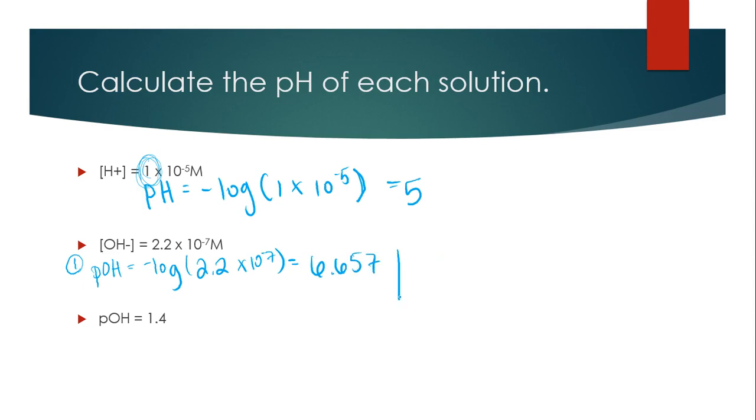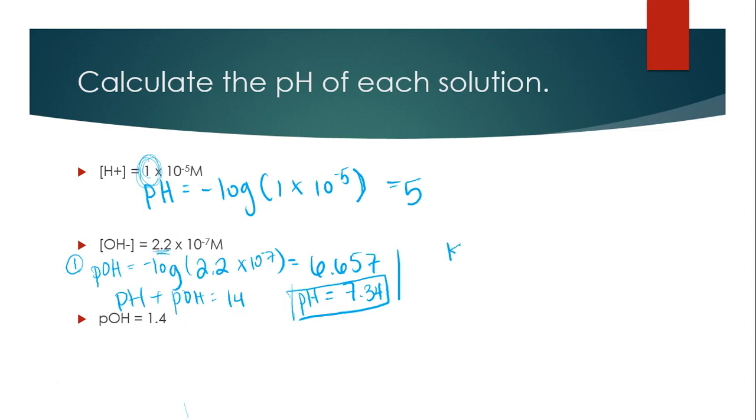I can't remember if there were more digits or not. Then I used the knowledge that pH and pOH together add up to 14 to subtract and find that my pH is 7.34 with proper sig figs, 2 sig figs because this has 2 sig figs.